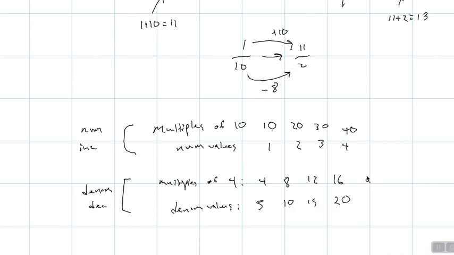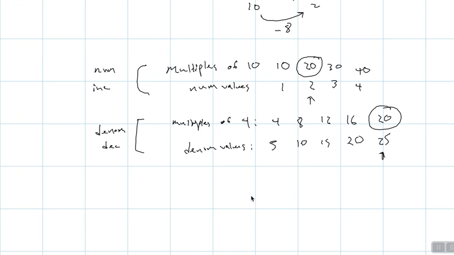Looking at the first time these match, when the numerator increases by 20 and the denominator decreases by 20, the numerator value is going to be 2, and the denominator value is going to be 25. So this fraction is 2 over 25.